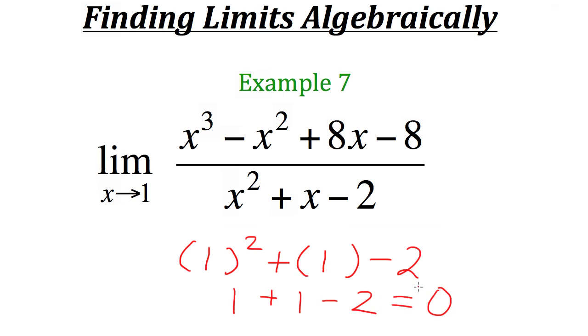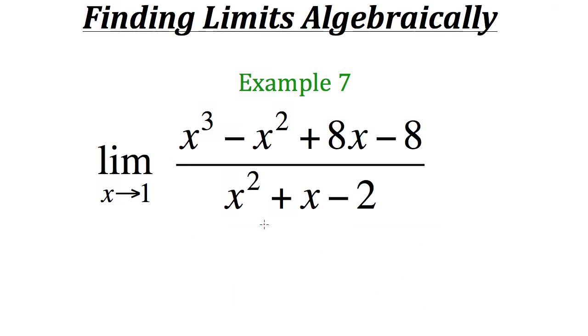So we know that our denominator will be 0. So we do need to use some algebraic techniques to fix that. So let's first start off by factoring our denominator into two binomials. And again, if you don't remember how to do that, please refer to our tutorial on that subject.